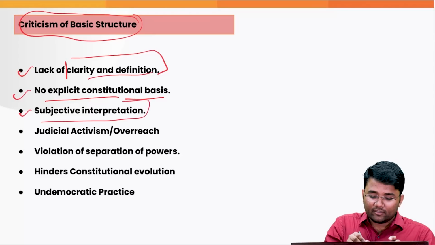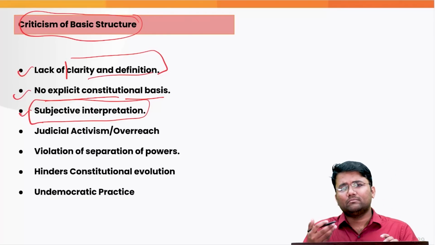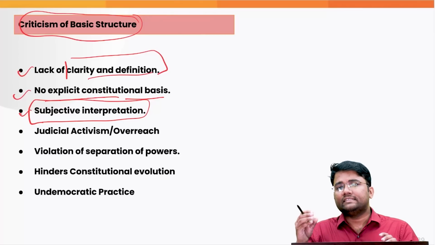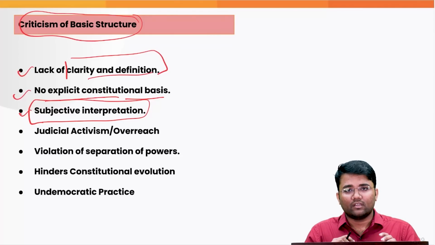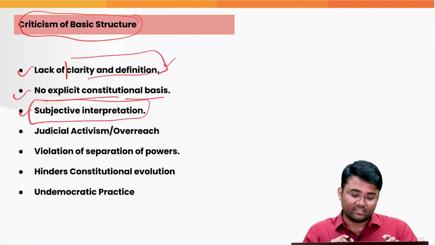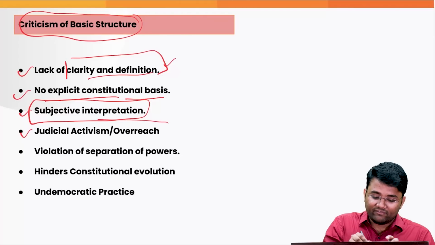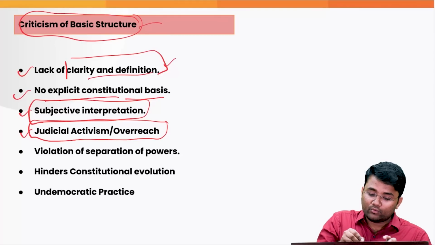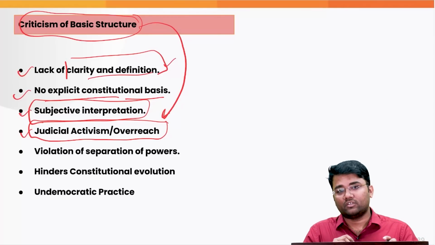Also, the subjective interpretation: it is completely at the mercy of the judiciary to interpret whether any provision is in sync with the basic structure or not. And this is due to the lack of clarity and definition of the basic structure. Also, judicial activism and overreach, which some experts believe have arisen due to this doctrine.